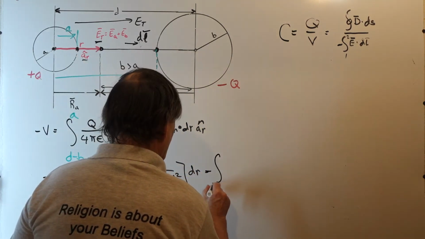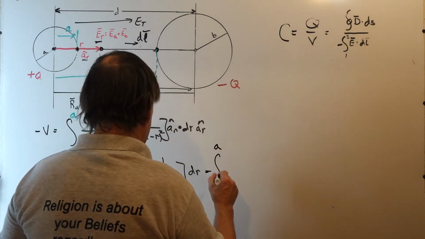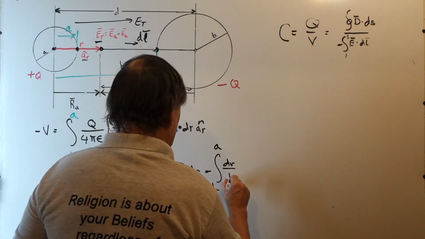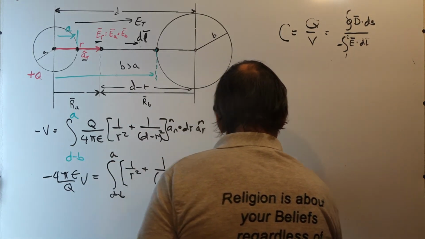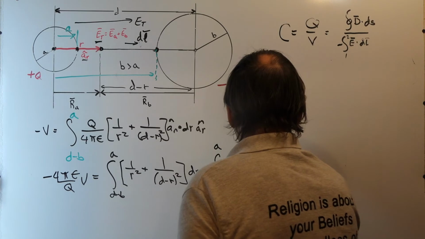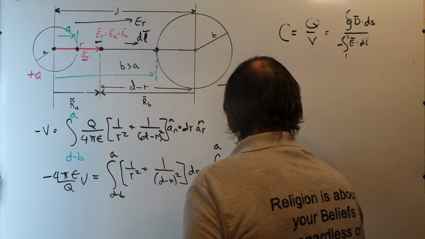So this will be the integral from d minus b to a of dr over r squared plus the integral from d minus b to a of dr over (d minus r) squared.